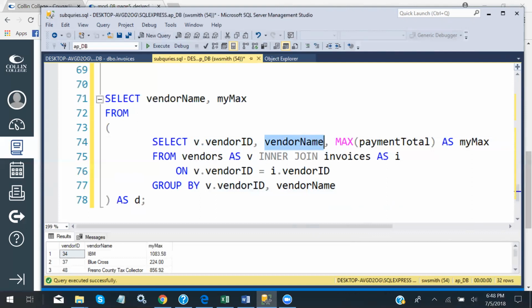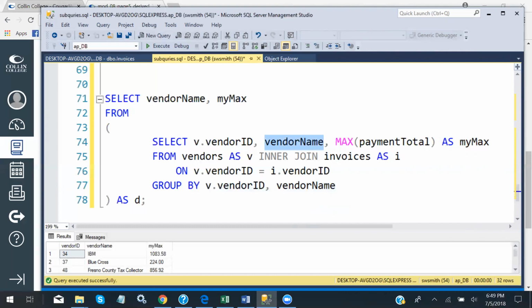Are you with me? Yes. There's nothing stopping the vendor name from being a duplicate. So I got IBM, FBI, all of those, but what would stop me from having two vendors? Since I'm spanning the whole United States, I could very easily have two vendors that have the same name.